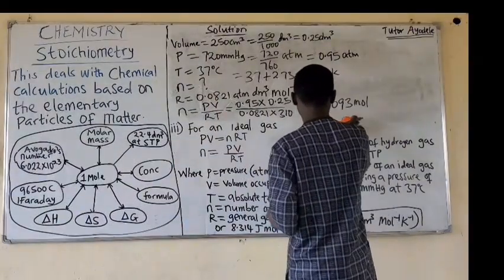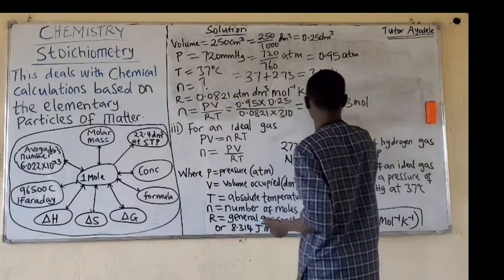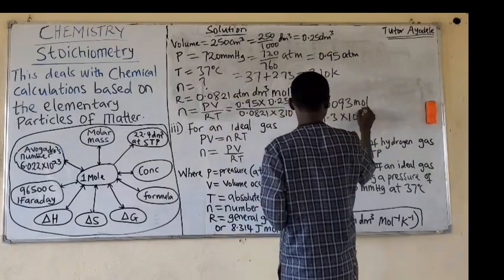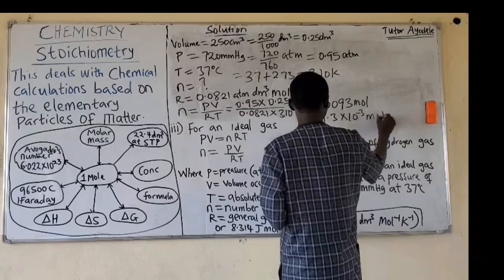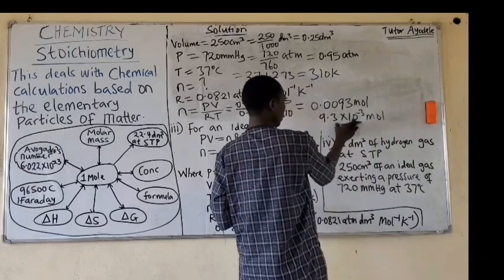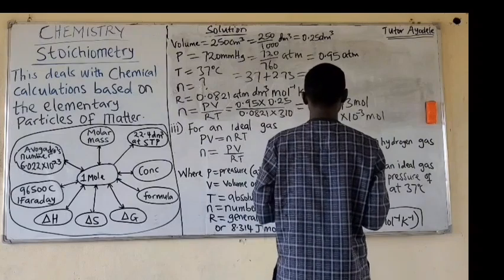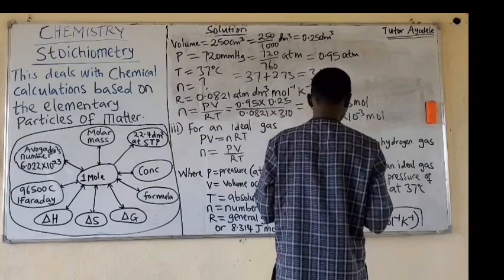So that is our final answer. It's still the same thing as 9.3 times 10 raised to the power of minus 3 mole. It's still the same. It's just that here I converted it to standard form. So that is our final answer to that.